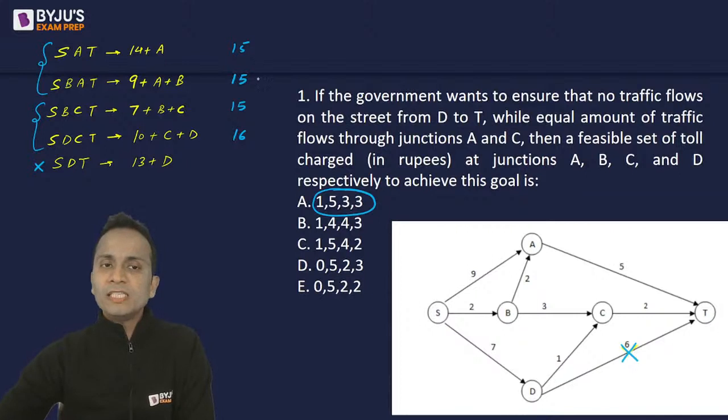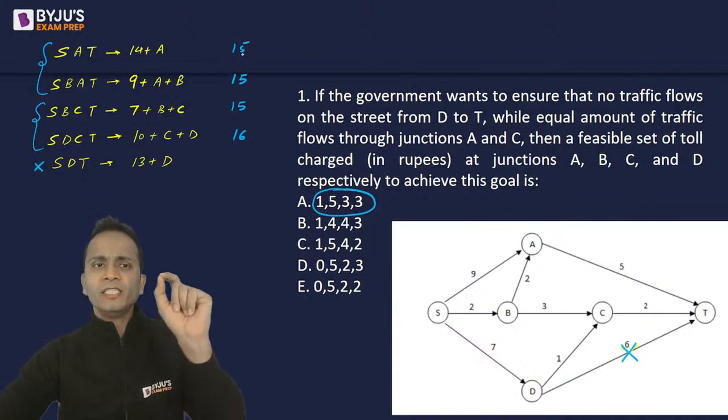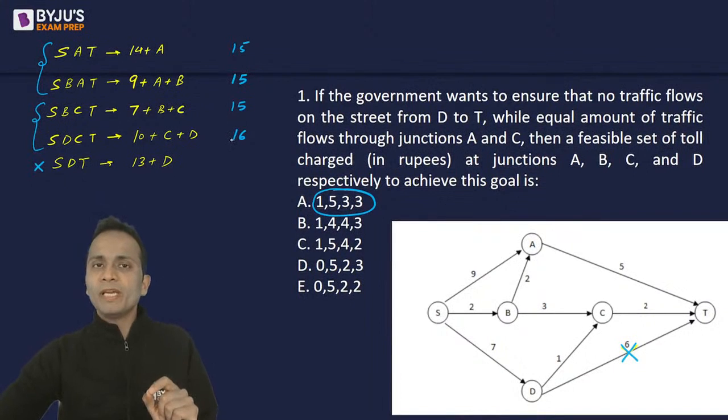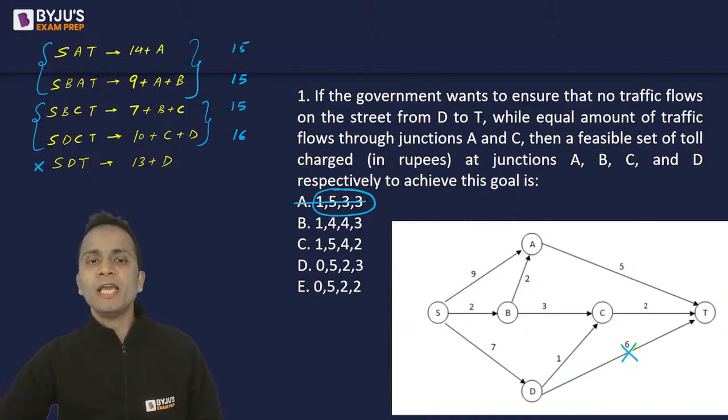So these three are having equal cost. I'll not be able to achieve the agenda. Either I had to make the total cost of traveling for the first four routes, first, second, third, fourth, all the four routes equal. Otherwise, one out of the first two and one out of third and fourth. Right? This is what I wanted. So option A is incorrect. Right? So option A is eliminated.